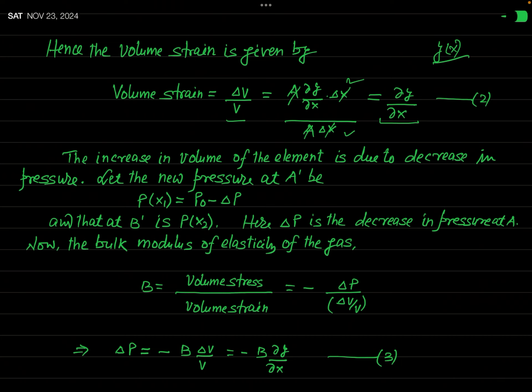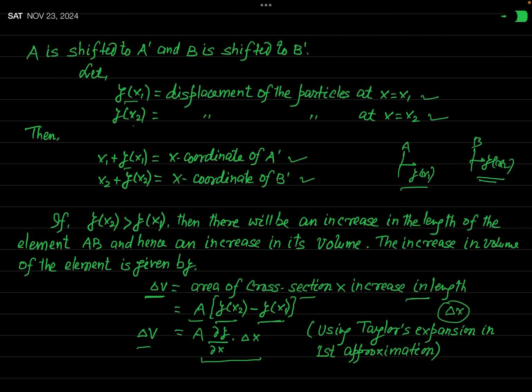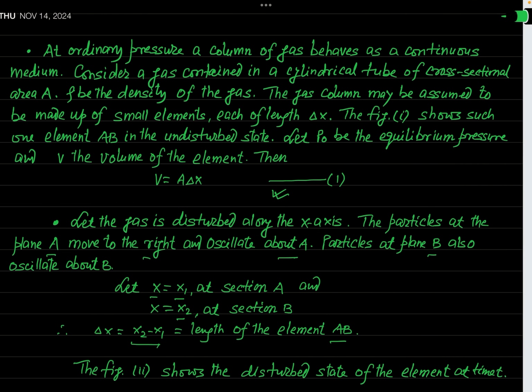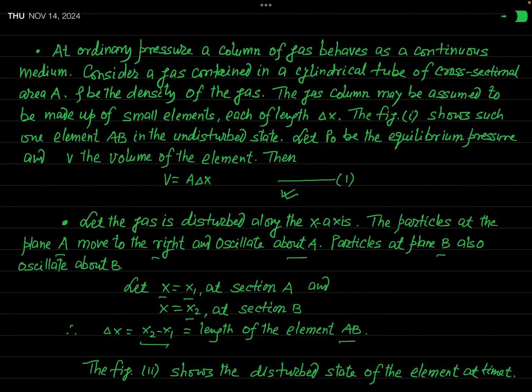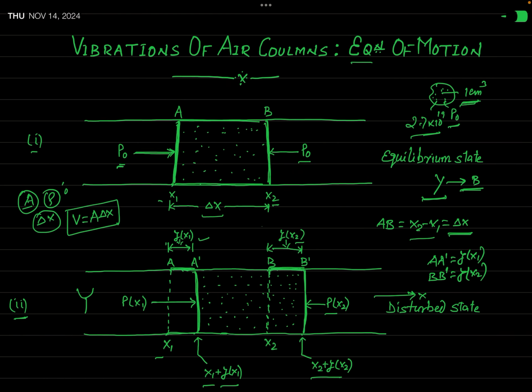On decreasing pressure, volume will increase. So if you consider that delta P is the decrease in pressure of the gas after disturbing it, then what will be the pressure acting on the plane A when you disturb this system?